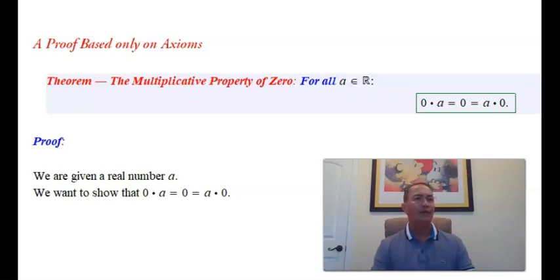Well, where do we start? By closure, we know that when we multiply two numbers, we again get a number, okay? So we can write that down. By closure, 0 times a has to be a real number.